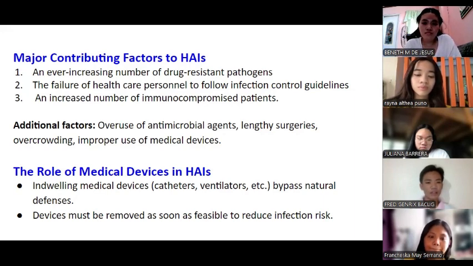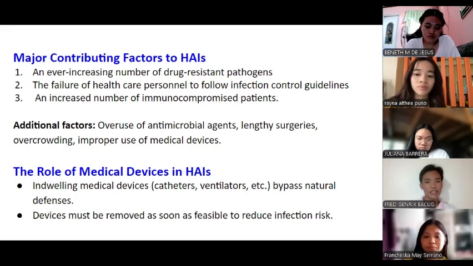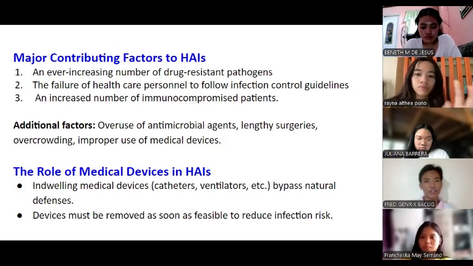Additional factors that contribute to healthcare-associated infection include the overuse of antimicrobial agents, because misuse of antibiotics can develop resistant pathogens. When antibiotics are used excessively or inappropriately, they kill off susceptible bacteria but leave resistant strains, which are left to thrive and multiply.